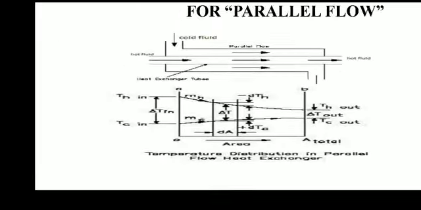Difference between temperature is delta T, and both the fluids flow in the same direction. Temperature at the hot surface is Th in and Th out, and for cold surface is Tc in and Tc out. Area is shown on the horizontal line.